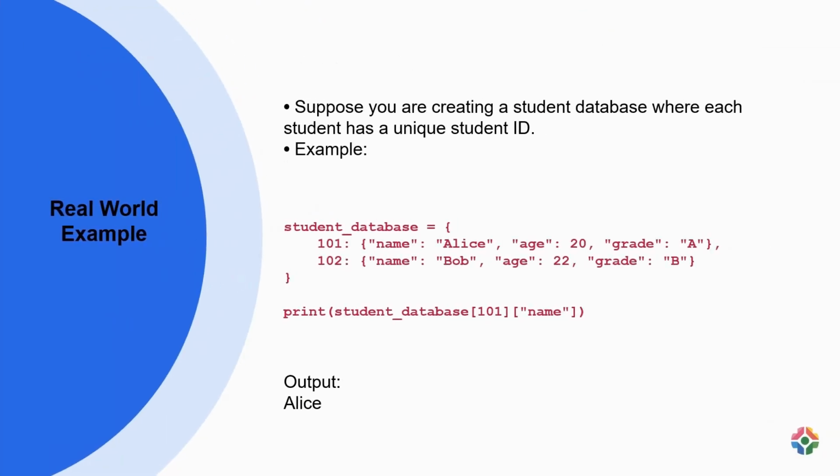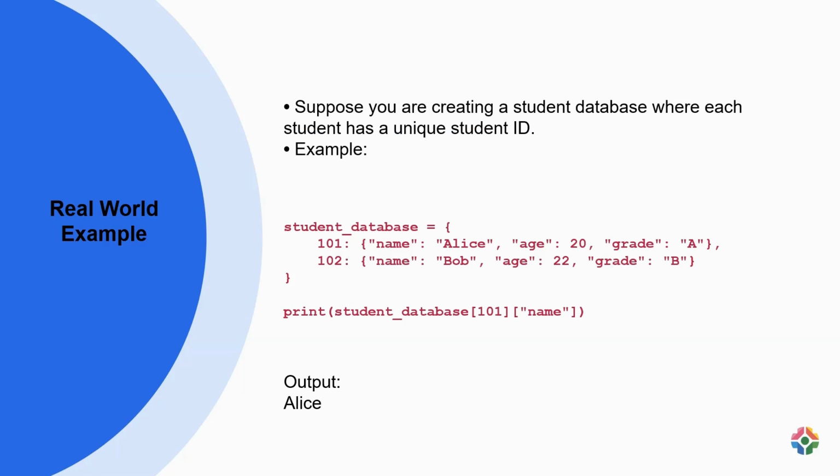When creating a student database, each student is assigned a unique student ID. This ID serves as a key to access the student's information in the database. In the given example, a student database dictionary stores student details using their unique IDs as keys, with each student represented as a nested dictionary containing attributes like name, age, and grade.